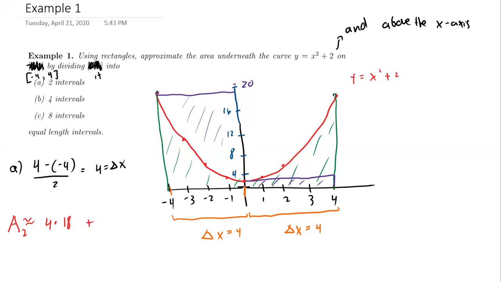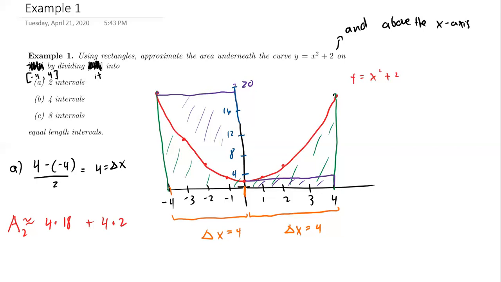Plus the rectangle given in the second subinterval, it also has a base of 4. What's the height? Again, look at the left endpoint of this subinterval, which was 0. Evaluate the function there. So 0 squared is 0 plus 2 is 2. And that's the other purple height you see there.